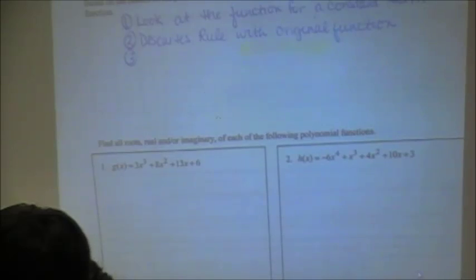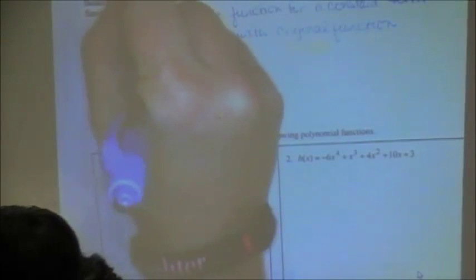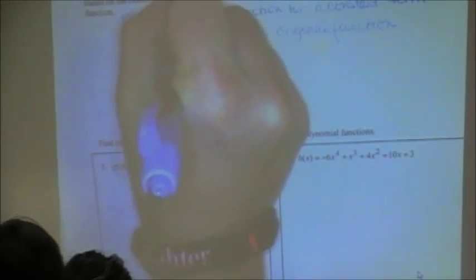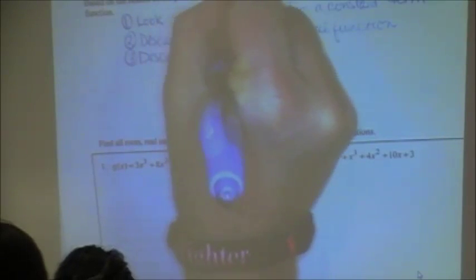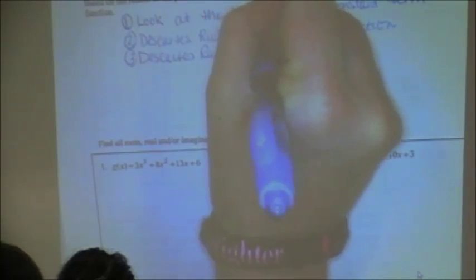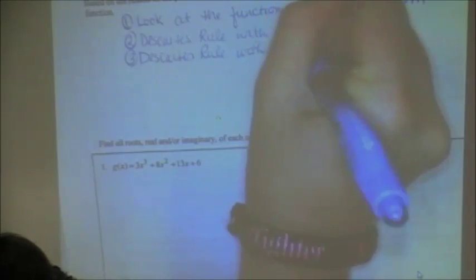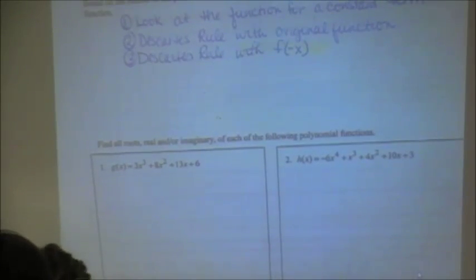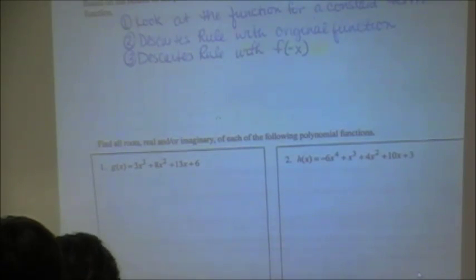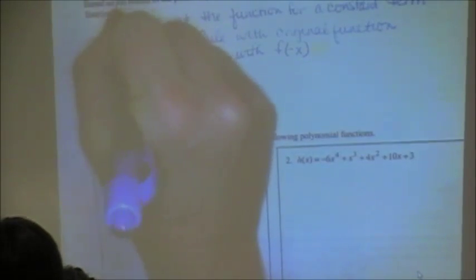And then after that, I would probably say we're going to do Descartes' rule again with f of -x. Because that's going to help us just determine positive and negative roots. And you gotta find all your possible roots. Then you got to find your PRR list, right? The worst part. Yeah, I agree.